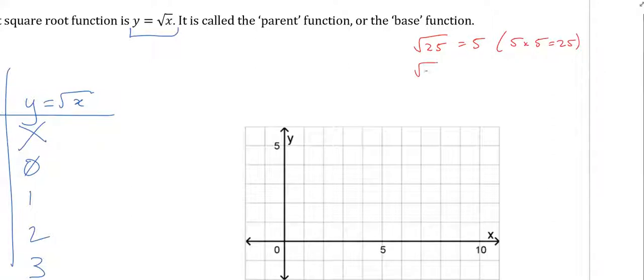So the square root of -1. What number times itself gives you -1? Well, -1 times 1 is -1. 1 times -1 is -1. But that's not a number times itself. Those numbers are different. So 1 times 1 is +1, and -1 times -1 is +1. There is no number multiplied by itself that will give you a negative.